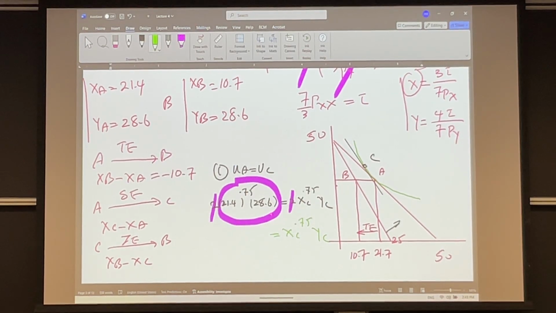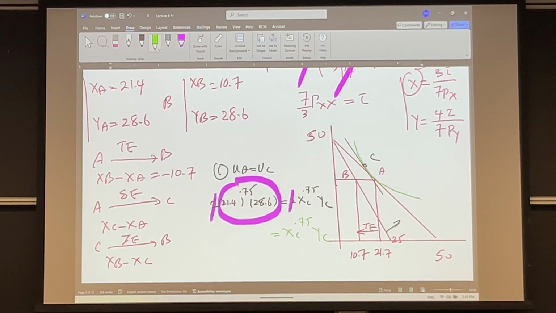I need this number. 21.4 to the power 0.75 times 28.6. What do you get? 285? 285. That's that one.